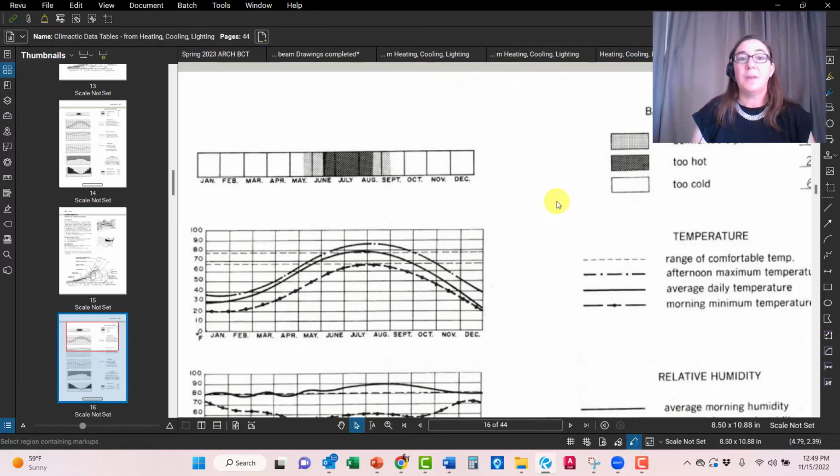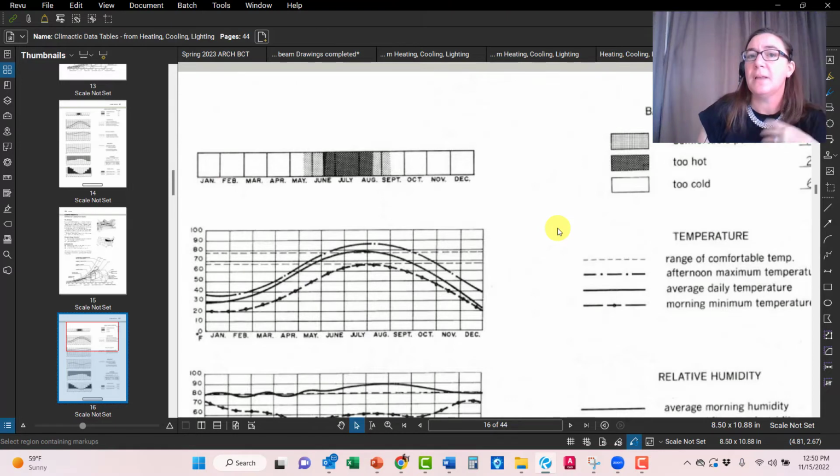Once I've zoomed in, all right, you can see that we kind of have a diagram of our year. We have the comfortable period, okay, kind of these spring and fall shoulders. We have a section of the year that is too hot, right here in the summer, and a section that is too cold. Well, that's actually quite a bit of the year, all right, on that side.